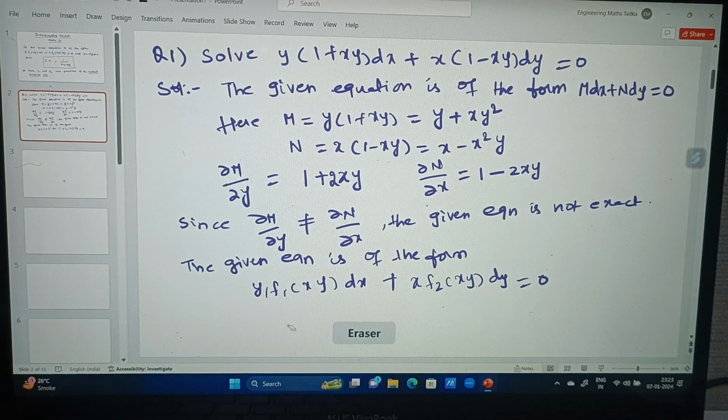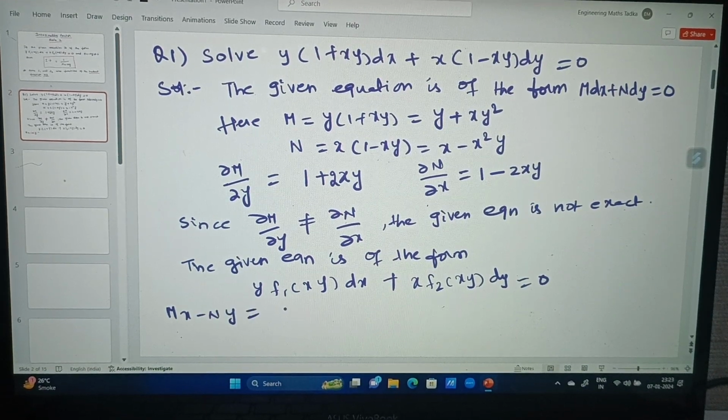Okay, now after writing this step, what you need to do? You need to find out the value of Mx minus Ny. So what is Mx minus Ny? जो भी फंक्शंस दिया है, M को x से मल्टीप्लाई करना है और N को y से मल्टीप्लाई करना है.